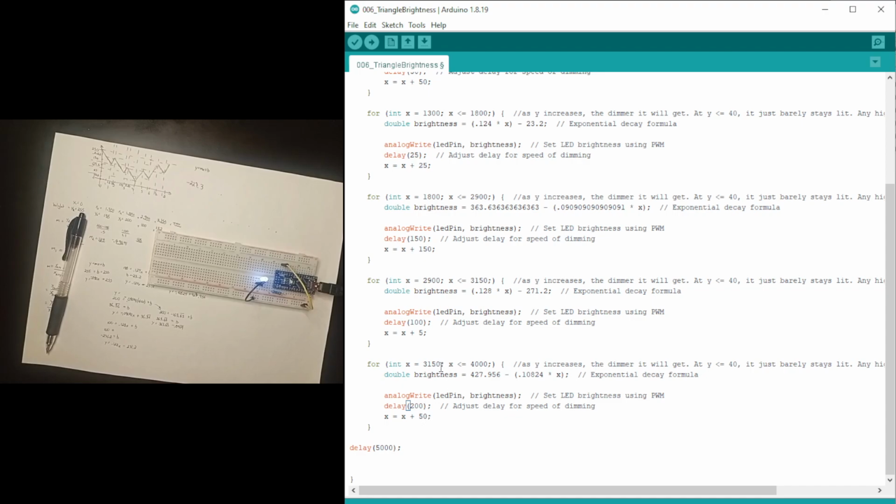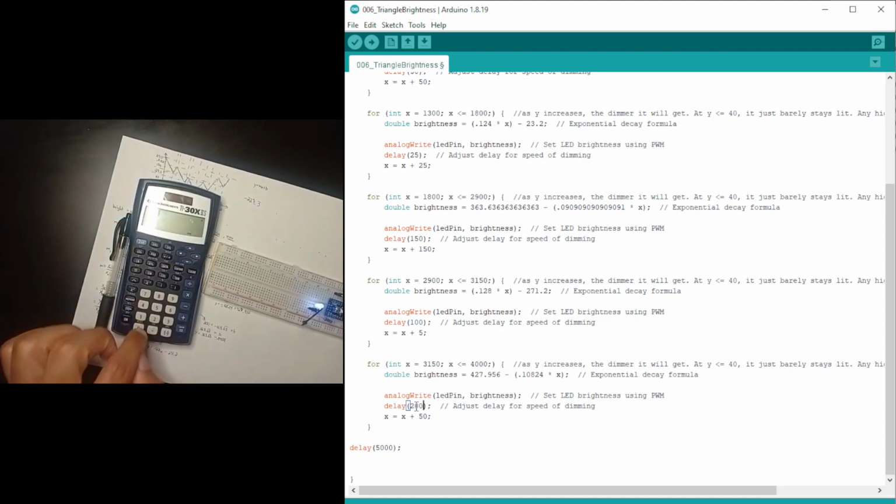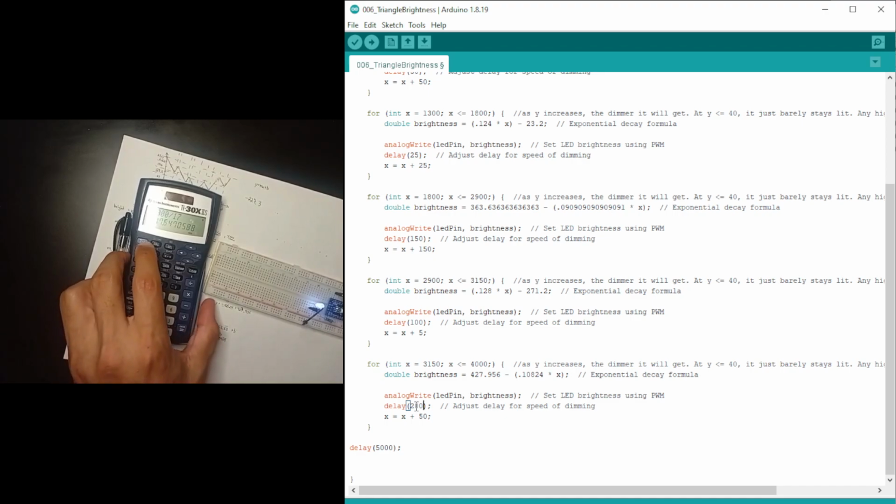So how long would it take? 850 divided by 50, 85 divided by 5. What is that? 17. 17 times 0.2, 3.4 seconds. I don't mind waiting to see that in 2 seconds. 2,000 divided by 17.